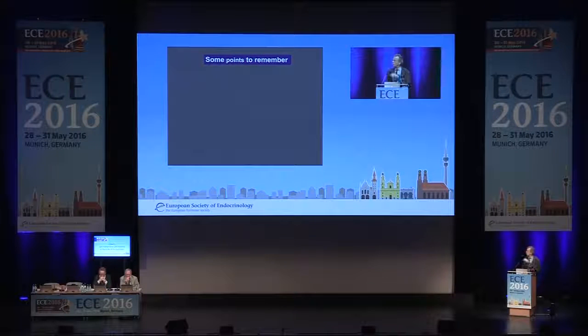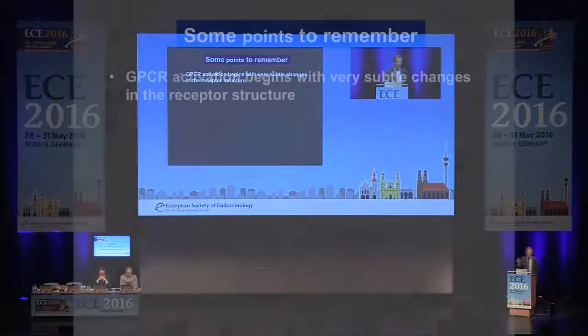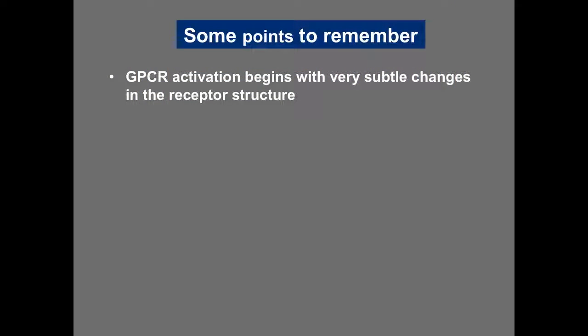Let me summarize a few points. First, GPCR activation begins with very subtle changes, which are often not enough to develop interesting drugs by just targeting the orthosteric site of a receptor.